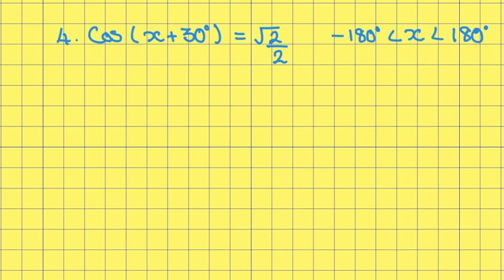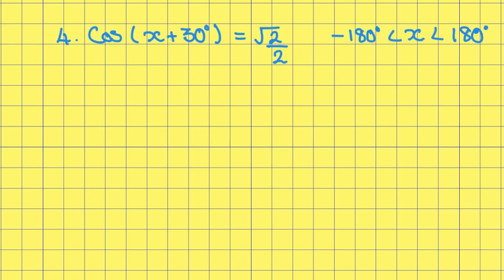And question 4. Cos of x plus 30 degrees is equal to root 2 over 2. And our domain goes from minus 180 degrees to 180 degrees. So again, that is for x, but we want the domain for x plus 30. So we must add 30 to both sides of the domain.